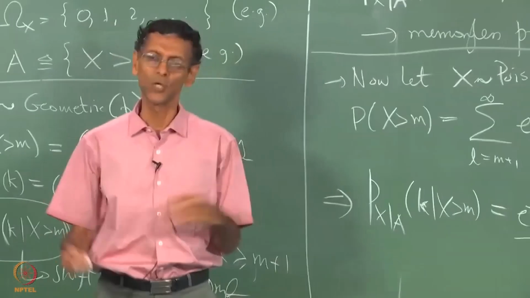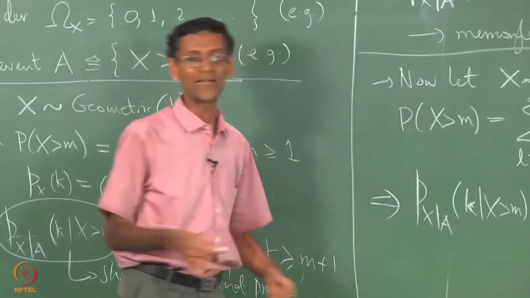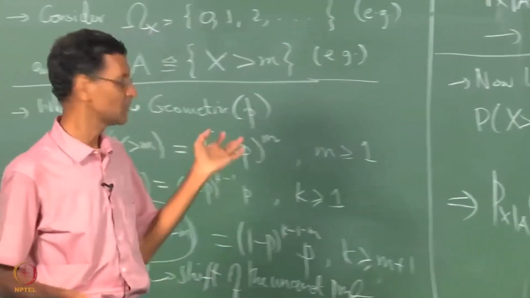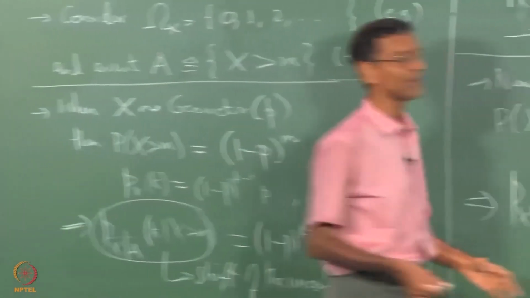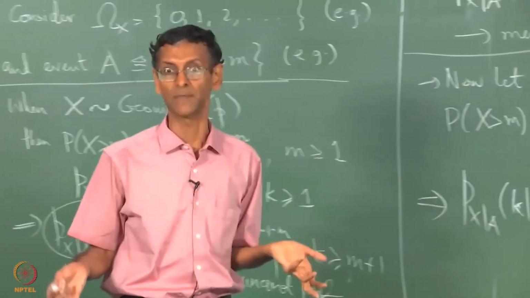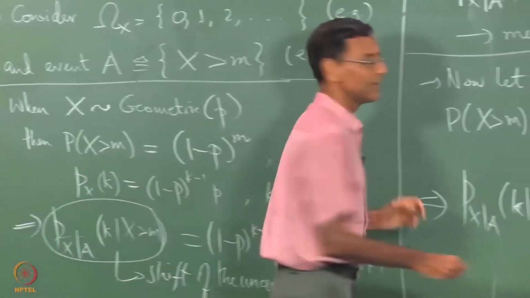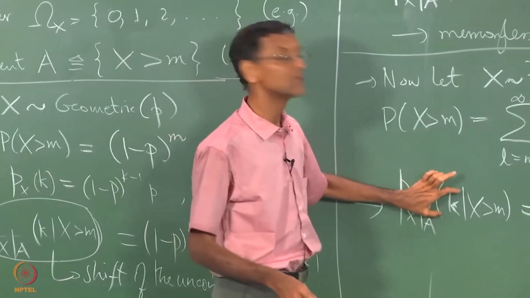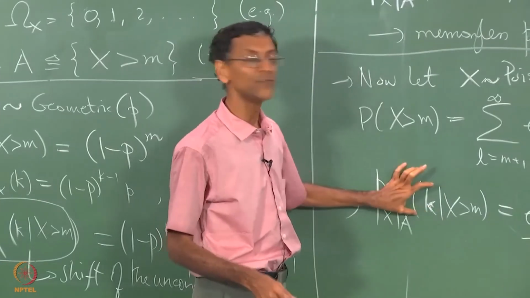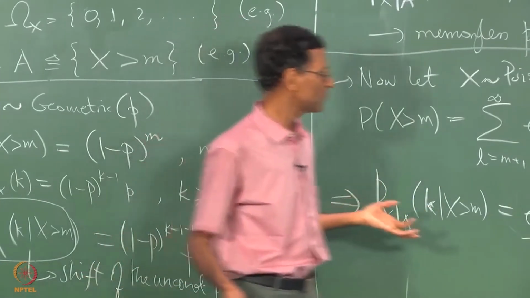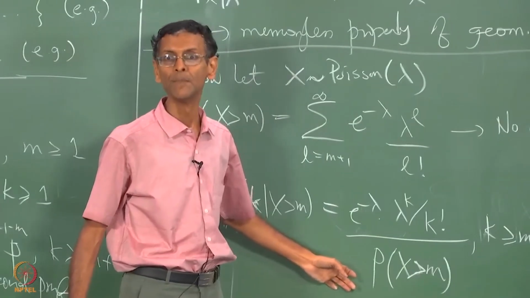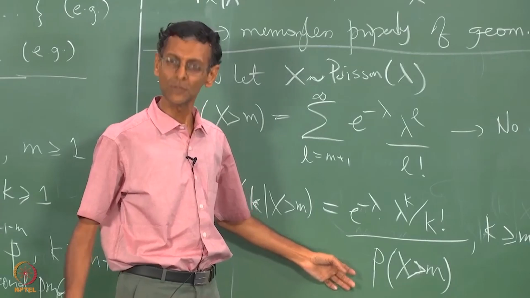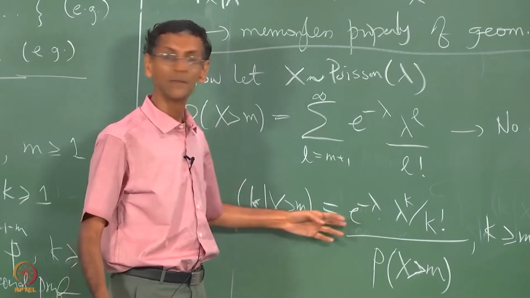Remember this conditional. To summarize this whole thing, I am not going to take any more examples because I think this one example is good enough. The conditional PMF is as valid a PMF as any other PMF. If you add up all these probabilities from m plus 1 to infinity, you will get 1 again. Why will you get 1 again? Because the numerator and denominator will both be P(X greater than m), so it has to cancel and give you 1.